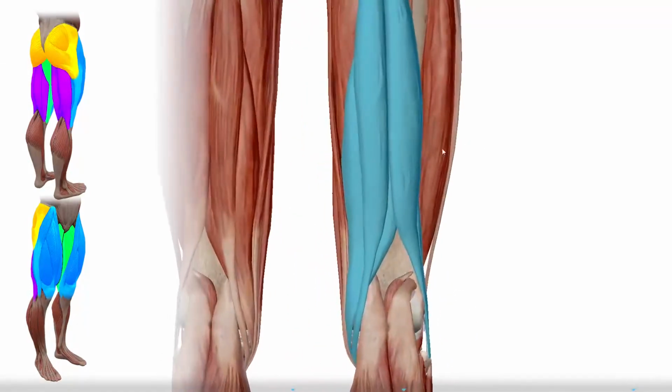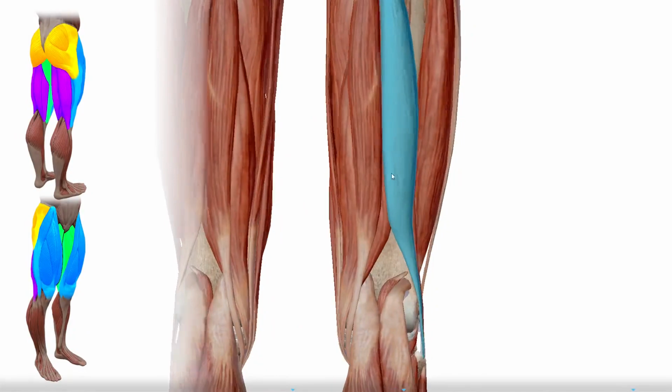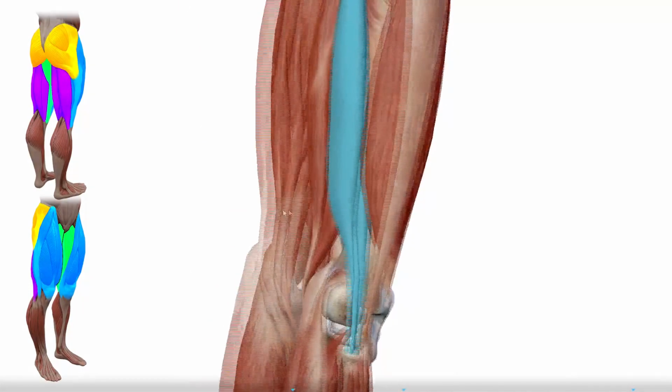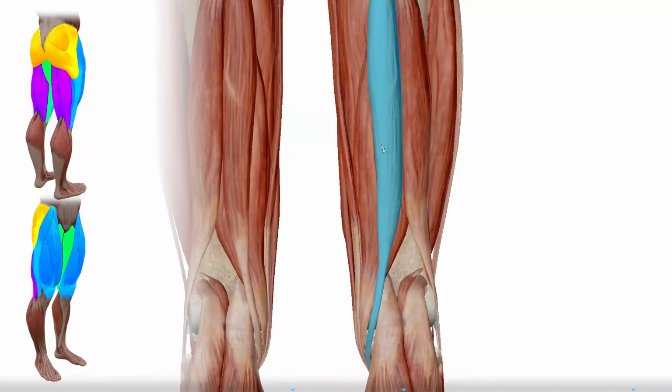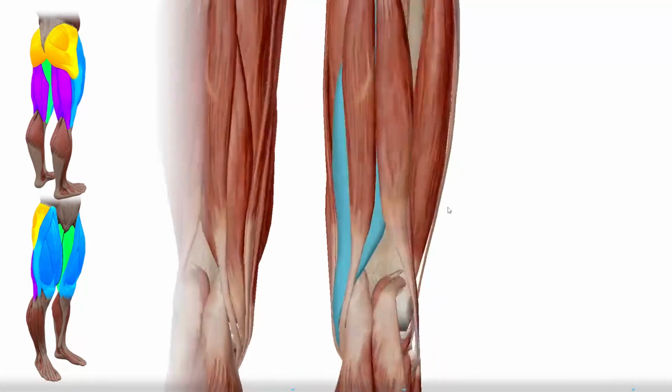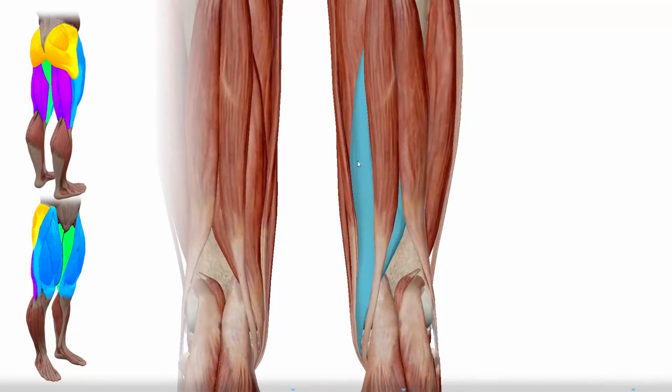So it's basically those three different muscles. Again, the biceps femoris, those two heads here, then the semitendinosus, this one right here, and then behind, towards the inside of the leg, the semimembranosus.